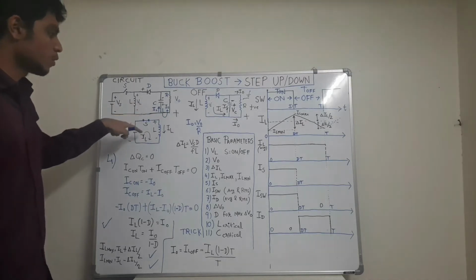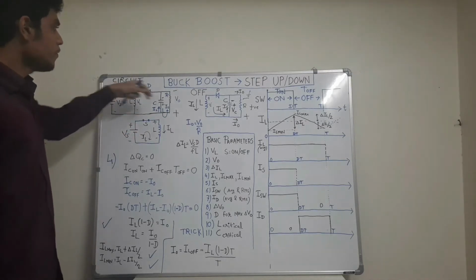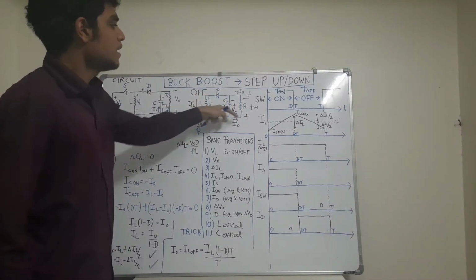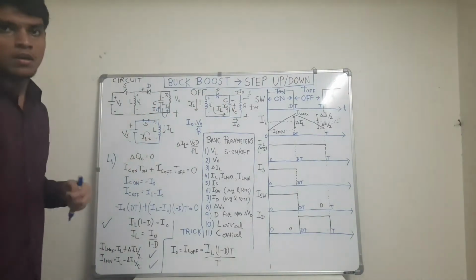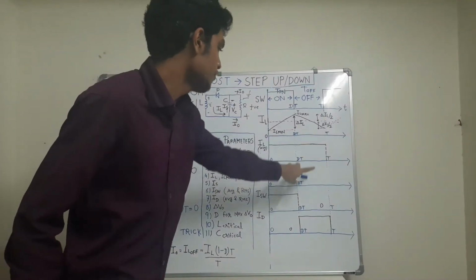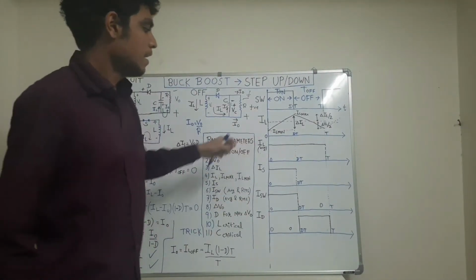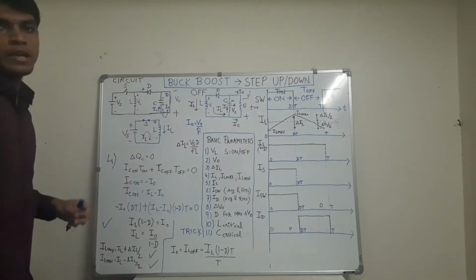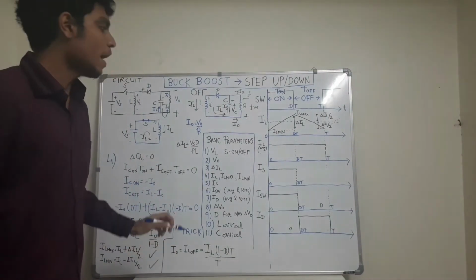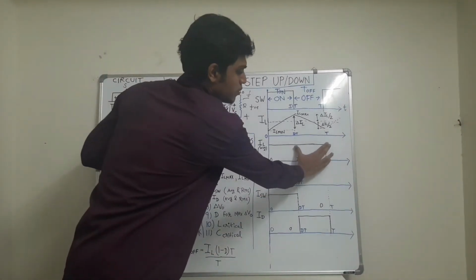In between it is circulating like this. Only when the switch becomes off, IL is flowing through the load. Therefore the off time waveform of IL will be copied during the load time. That is, I naught is equal to the IL off portion only, this much portion only.